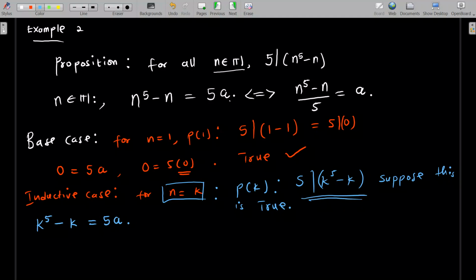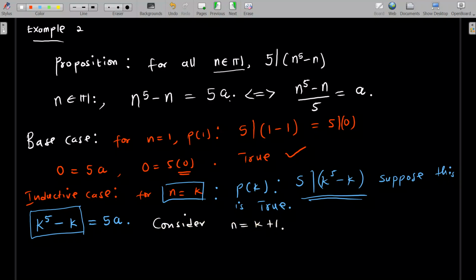Now we can consider k plus 1. We want to make sure that if you put k plus 1 in place of k here, we can write it as 5 multiplying something. So consider n equals k plus 1.